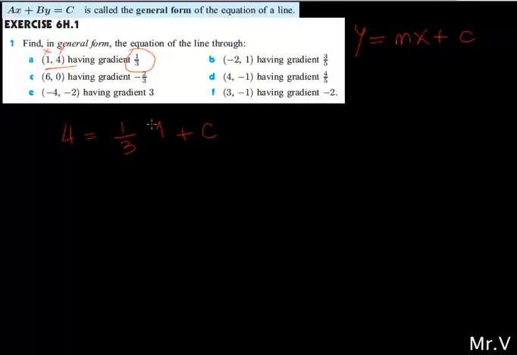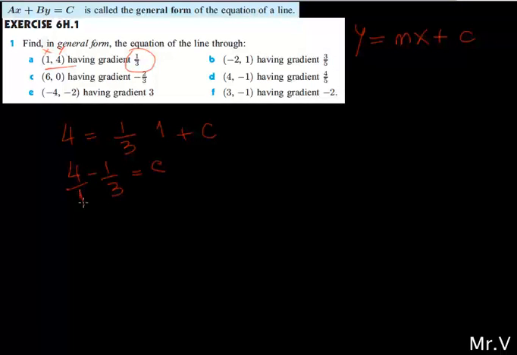Anything times 1 is anything, so 1/3 times 1 is 1/3. So I will have to remove 1/3 from the right side of the equation, so I do negative 1/3. I will have 4 minus 1/3 equals c.